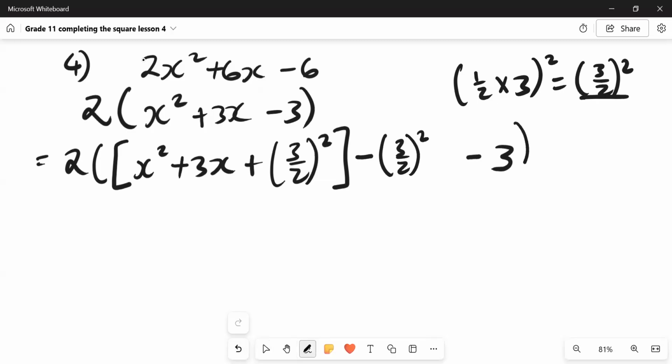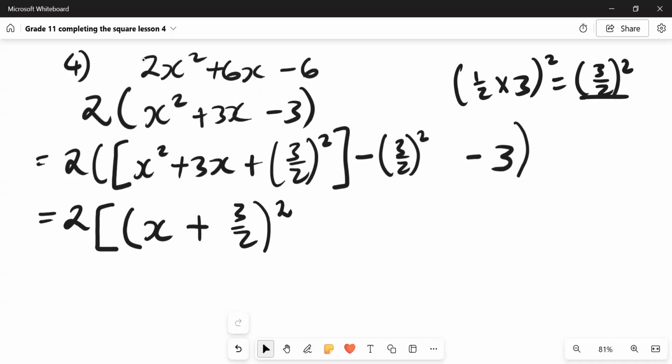And then we close there, the bracket. And then from here, equals to, you'll have your 2, open bracket. Now we're looking for the square root of x squared, that's x. Drop down the sign, which is positive, that's plus, and then you take this one here, which is just 3 over 2, close bracket, all squared.